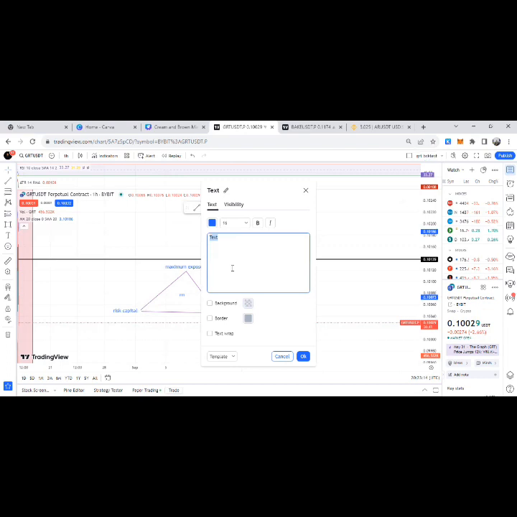And on this side, we have our risk per trade.